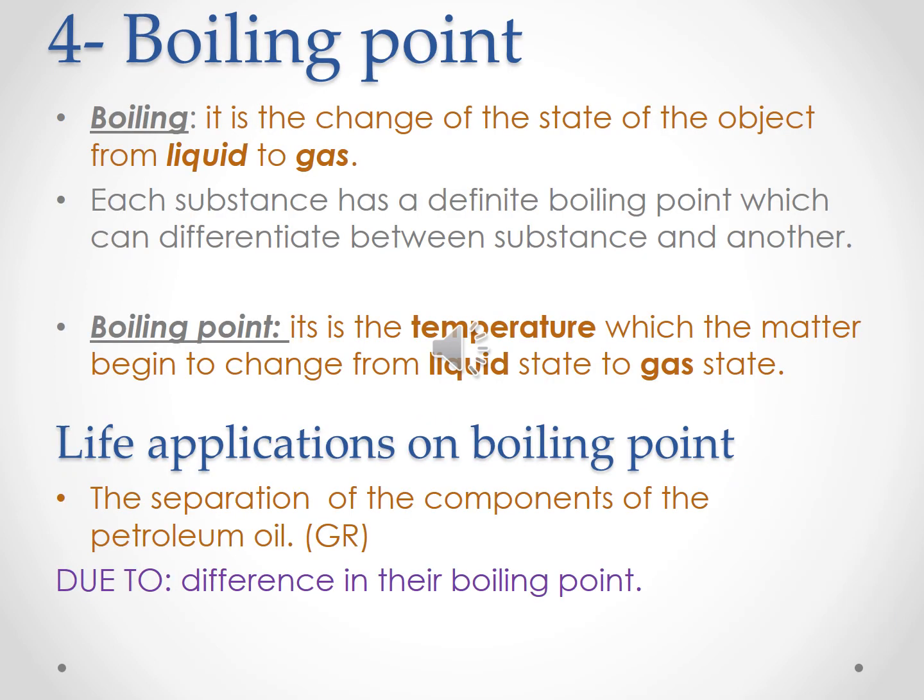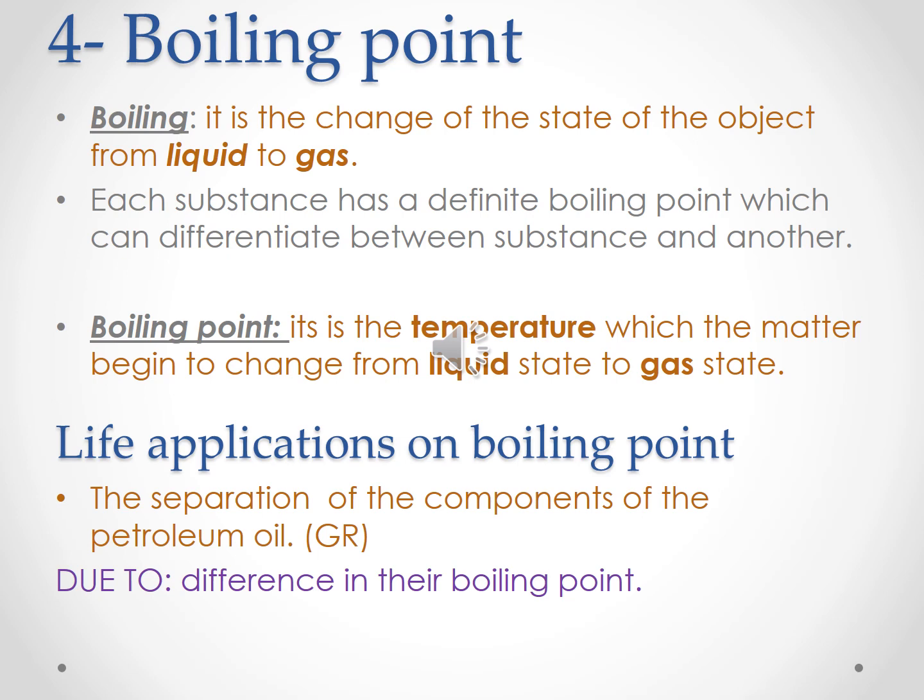Now let's talk about the fourth physical property, which is the boiling point. A matter can change from the liquid state to the gaseous state, and this is called boiling. So for example, water changes to water vapor by boiling. So what's meant by boiling?